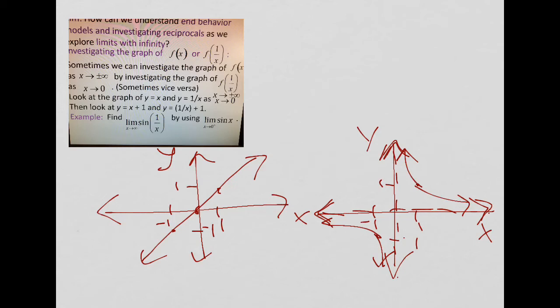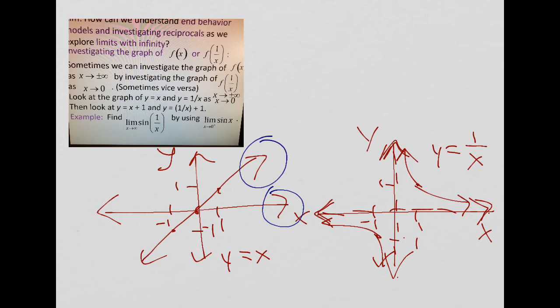All right. Let me write this out so we can see it. As x approaches positive or negative infinity, we can see how, let me point that out. As x approaches positive infinity, our answer is infinity.